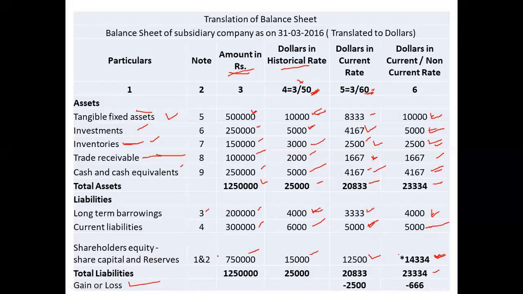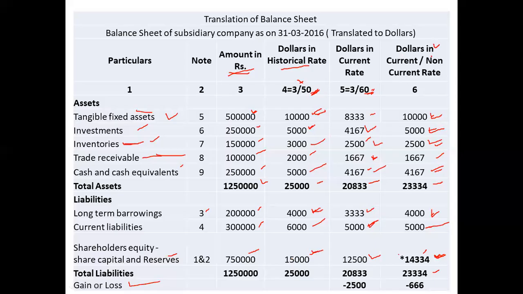rupees. How to find this gain or loss? We have to find the gain or loss on the basis of share capital and reserves. We have to find the difference between the value in dollars in the current and non-current item minus the historical rate.